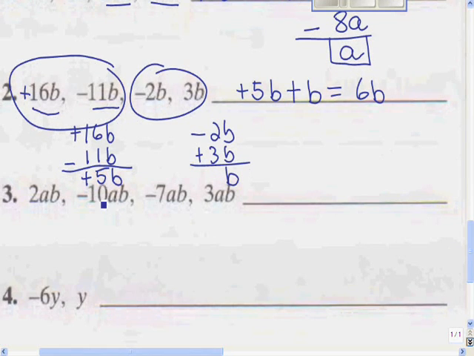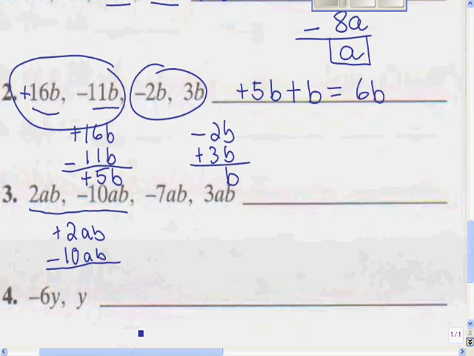Okay. Here we have, the signs are the same, right? I'm sorry, the signs are different. We got a positive 2ab and a negative 10ab. Correct? Correct. Okay, so the signs are different, so I already know we're going to subtract. So 10 minus 2 is 8ab.